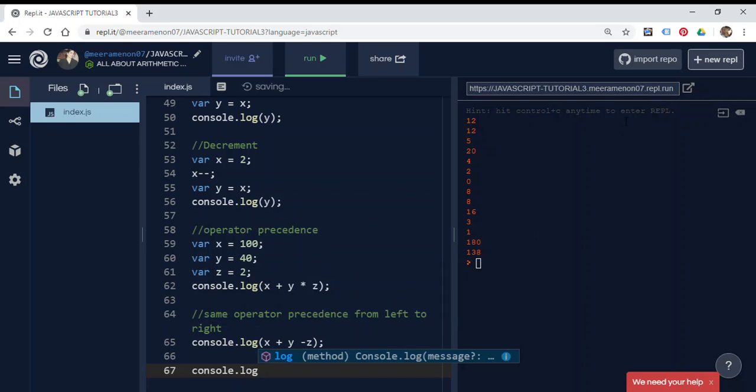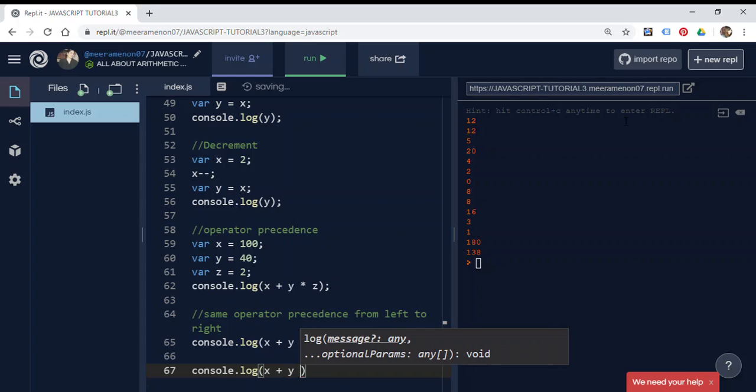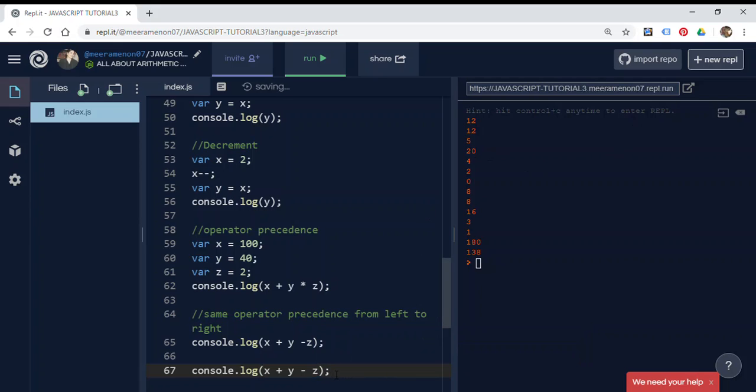If you want to change this pattern and rule, what you can do is, let's first write it down, x plus y minus z. Okay, so you just write a parenthesis.